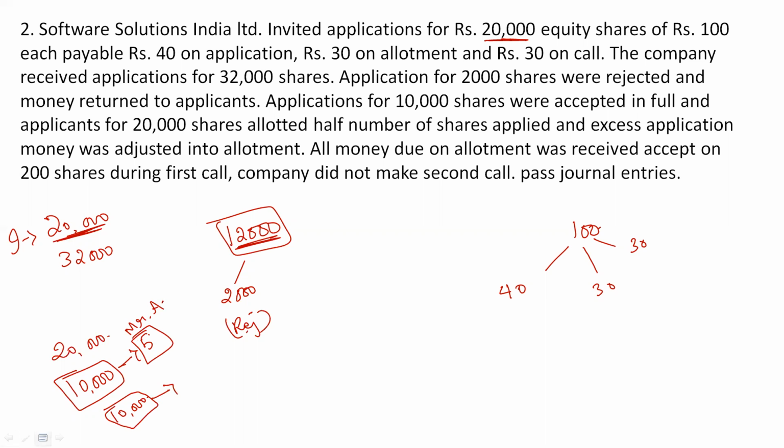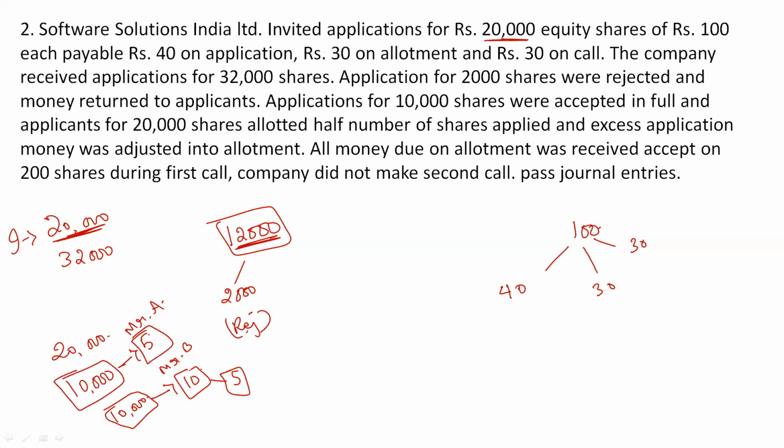What does that mean? Suppose Mr. B, out of this category, has demanded 10 shares of Software Solutions India Limited. The company says we cannot give you 10 shares as there is a case of oversubscription, so instead of 10 shares we can give you 5 shares only. So these second category people are allotted only half the number of shares they demanded.